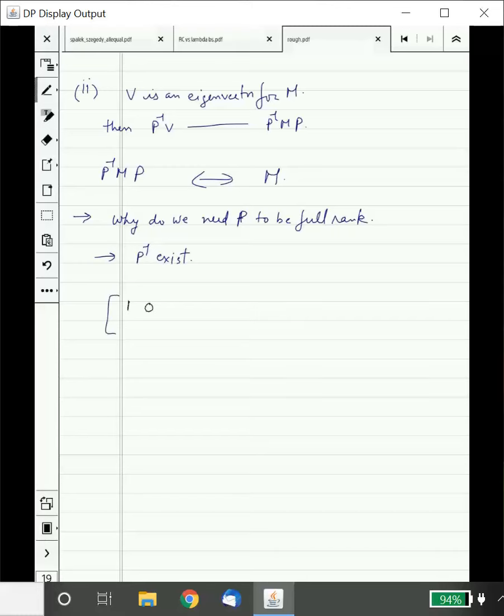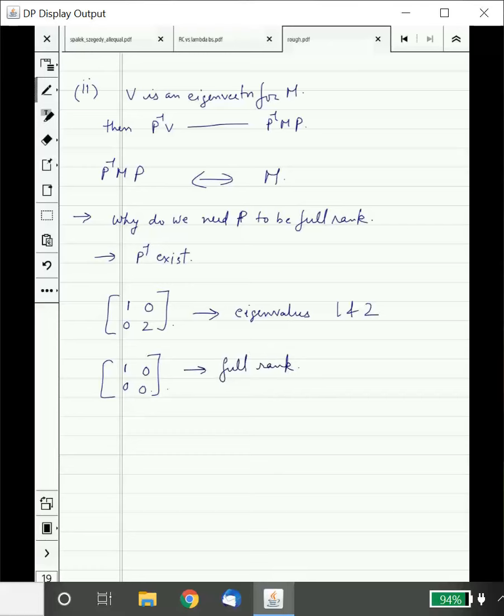Let me take this diagonal matrix which has 1 and 2 in the diagonal. You can easily show that the eigenvalues are 1 and 2. Let me take a matrix which is not full rank.